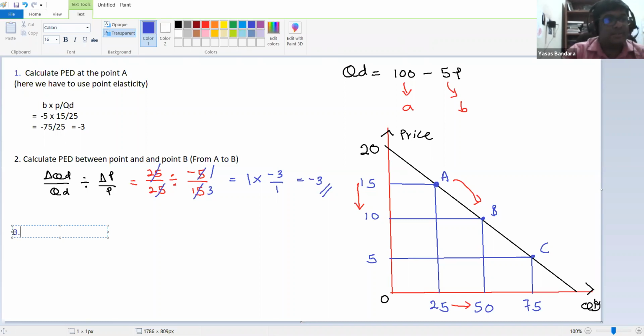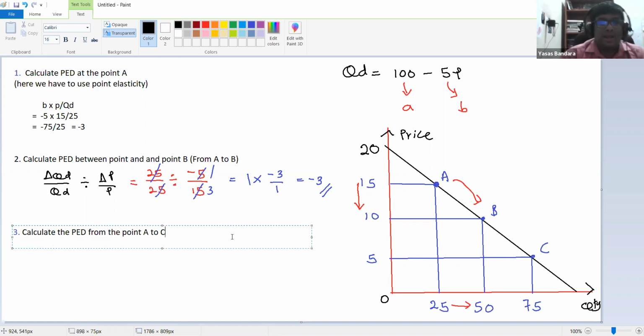Look at this. Calculate the PED from the point A to C. Now here we have to use arc elasticity, right?